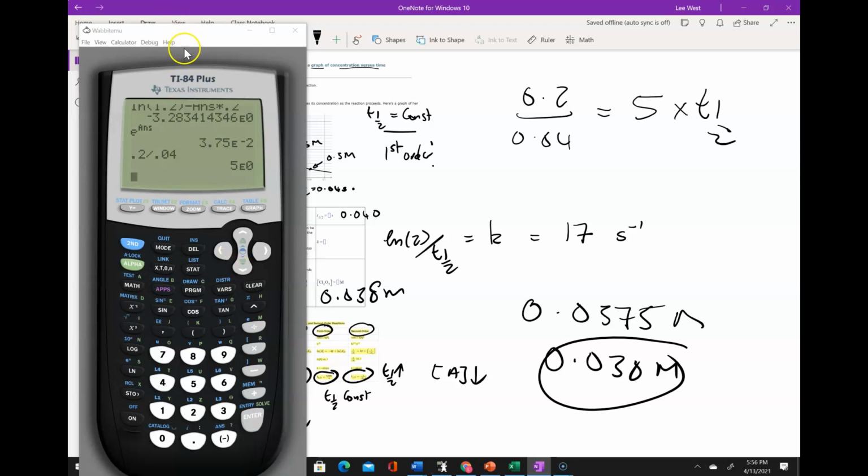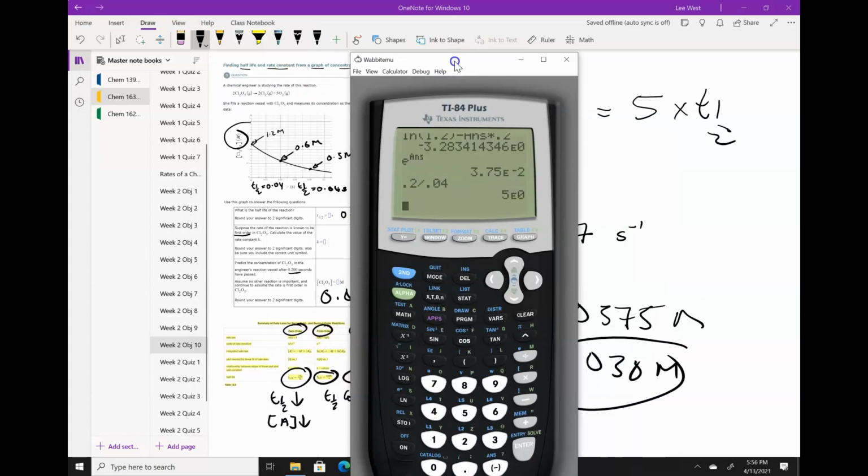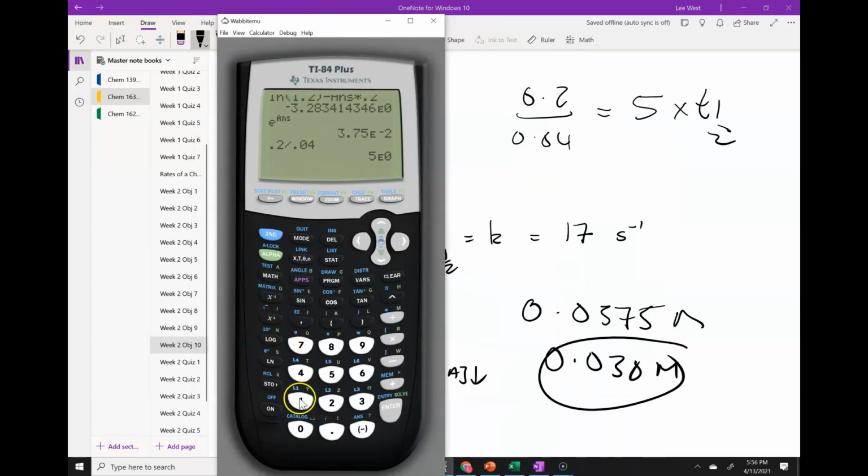So if you wanted to, you could put in that 1.2 and halve it 5 times. 1.2 times a half, 5 times, or you could do 1.2 times 1 on 2 to the power of 5, right? Because that's the same as multiplying it by a half 5 times. And what do we get? Same answer, right? Okay, so it makes sense. We've double checked it every way possible.